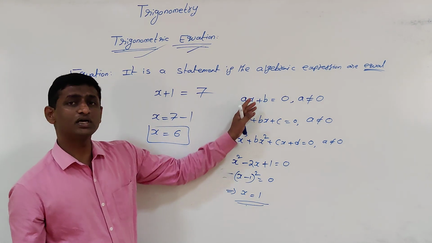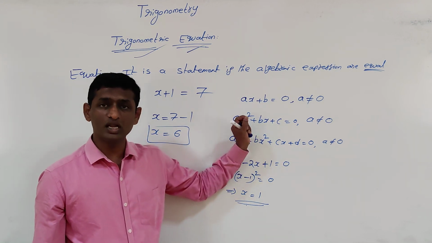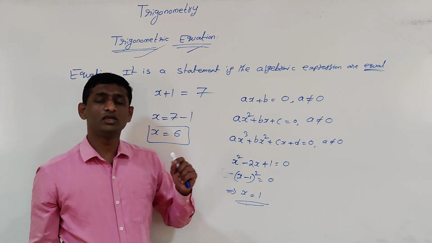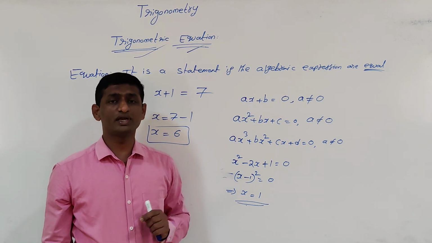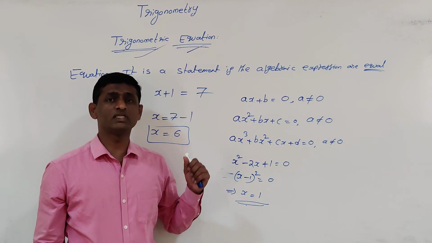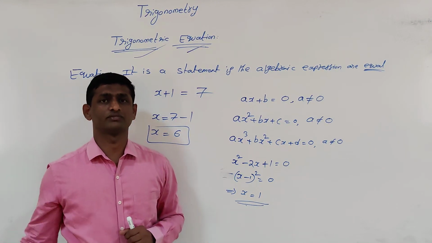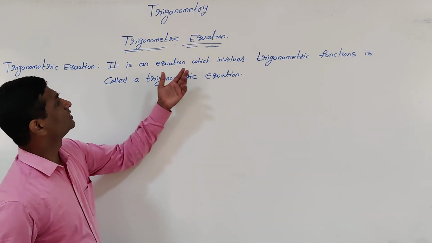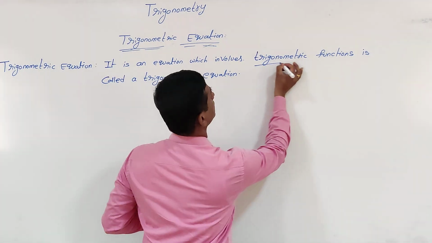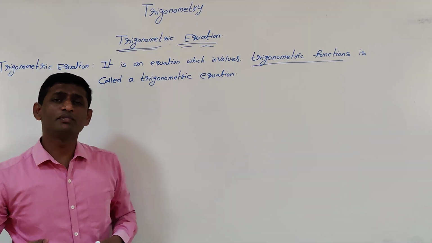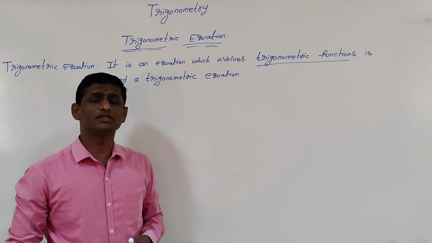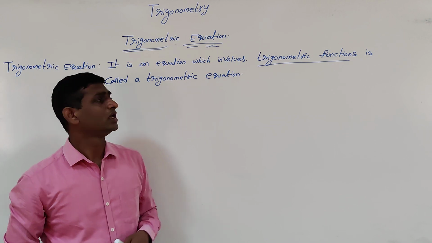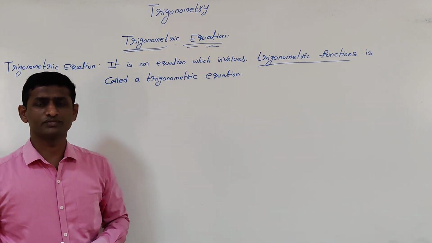Those were equations which involve a variable x, whereas a trigonometric equation involves trigonometric functions. So trigonometric functions may be sine theta, cos theta, tan theta, secant theta, cosecant theta, and combinations of the trigonometric functions.